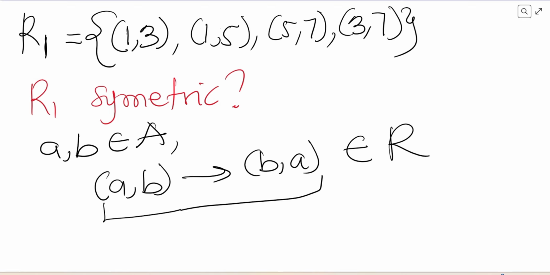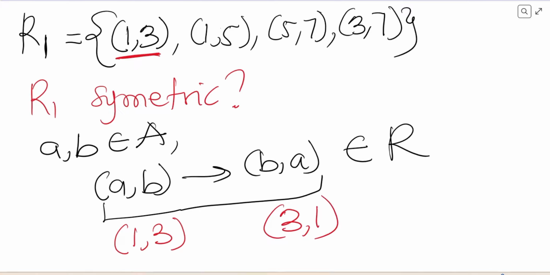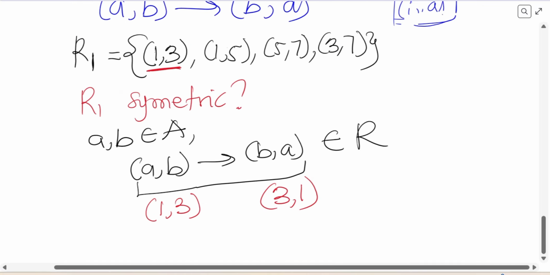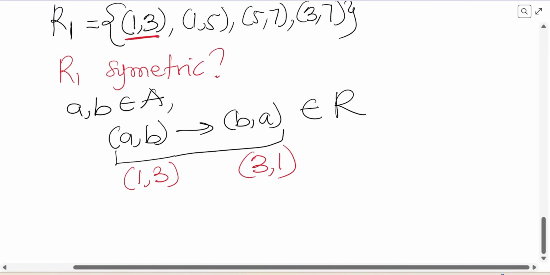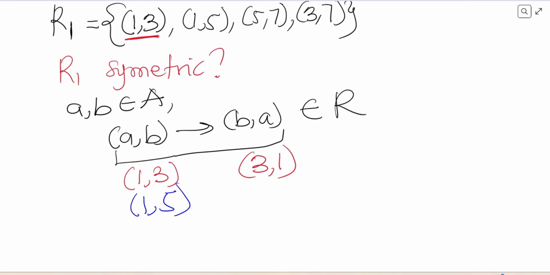And so, if we consider the first element here, we have (1, 3). So we are expecting to see that (3, 1) is also in the relation. When we take the second one, (1, 5), it means we are expecting to see (5, 1).